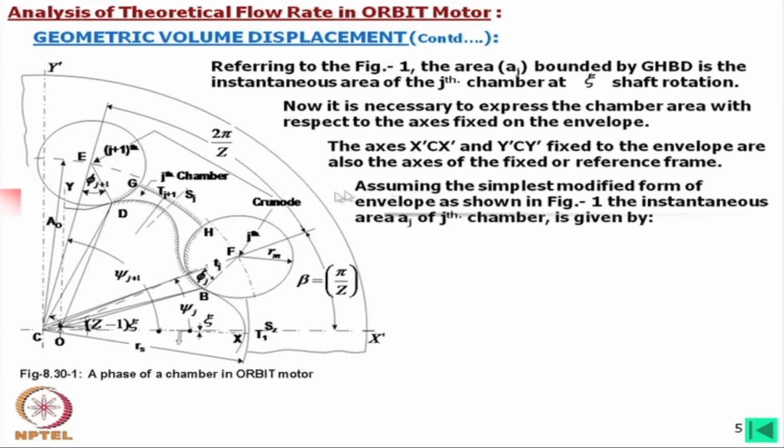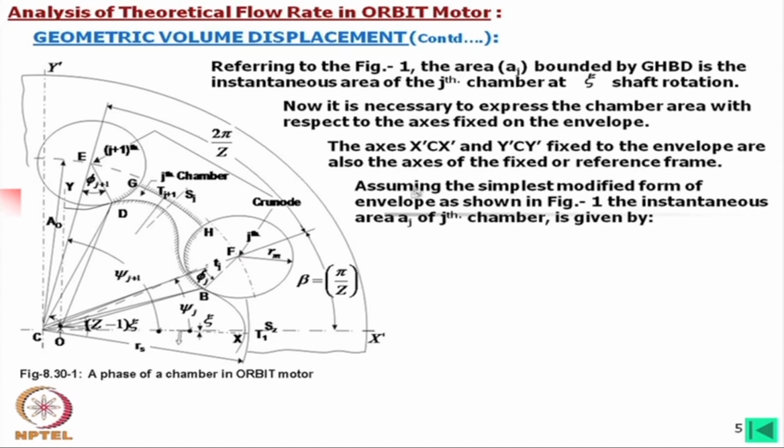So, we will transform all coordinates with respect to this to estimate this area. Assuming the simplest form of the envelope, what does it mean? We have assumed the envelope is nothing but a circular ring with an inner circle.